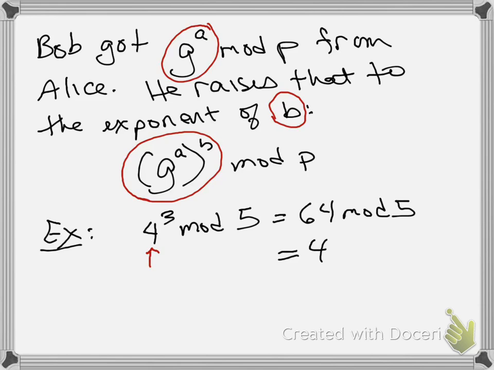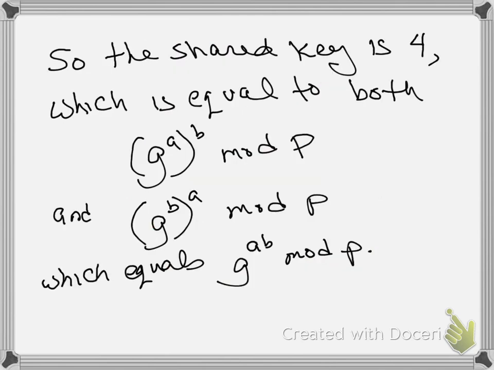So he takes the number that Alice sent him, which is 4, raises it to his secret exponent, which is 3. So 4 cubed is 64, and 64 mod 5 is 4. So that's exactly the same number that Alice calculated, except, of course, she did it in a different way.